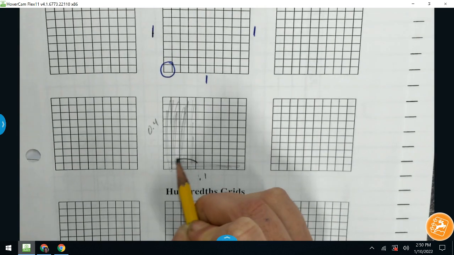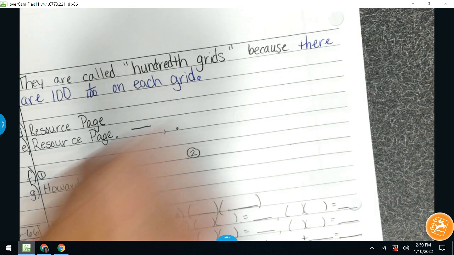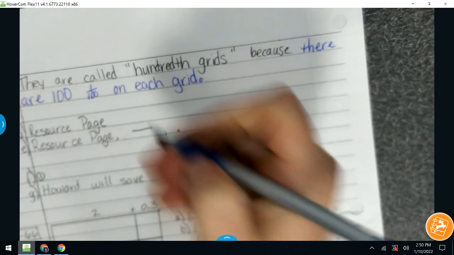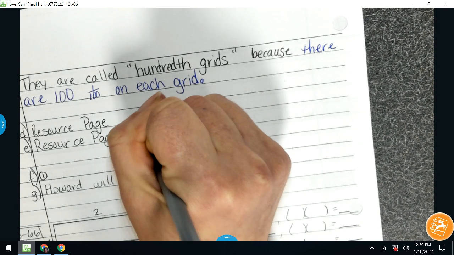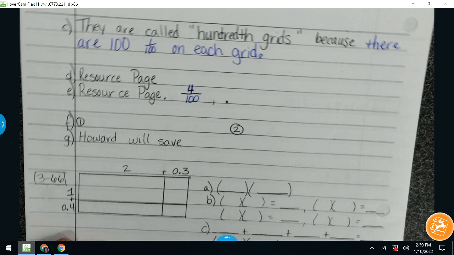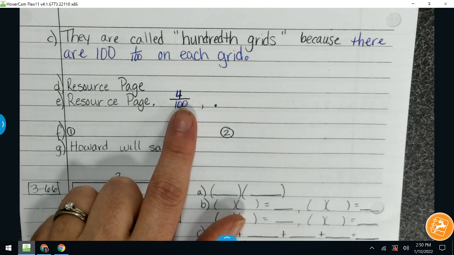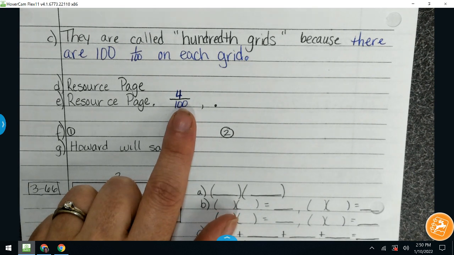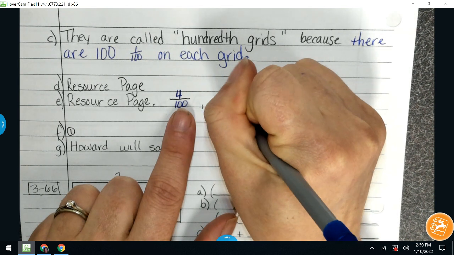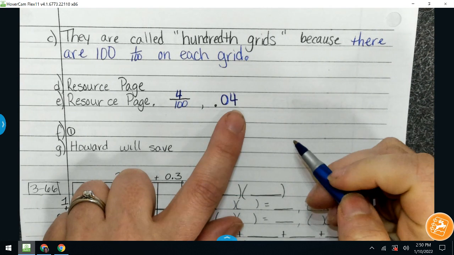And we're looking at these guys right here, no, let's pick something that's easier to see. So 4 out of 100, right? So 4/100. How do I write this as a decimal? So again, if I read that aloud, 4/100. So we have 4 because that's in the 100th spot.